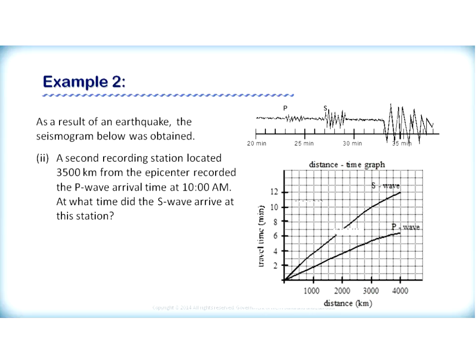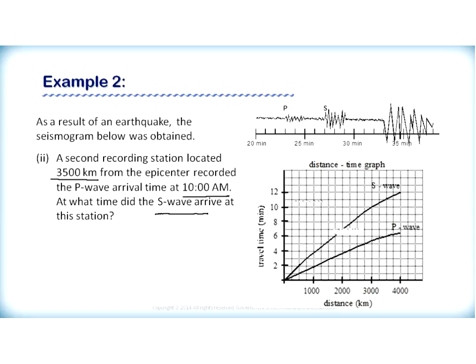Let's look at the second part of this question. The second part says the second recording station located 3,500 kilometers from the epicenter recorded the P wave arrival time at 10 a.m. At what time did the S wave arrive at this station? So at 3,500 kilometers, we know the distance that the epicenter is away, and we know that the P wave arrived at 10 a.m. at the 3,500 kilometer station, then the S wave will be the second wave to arrive.